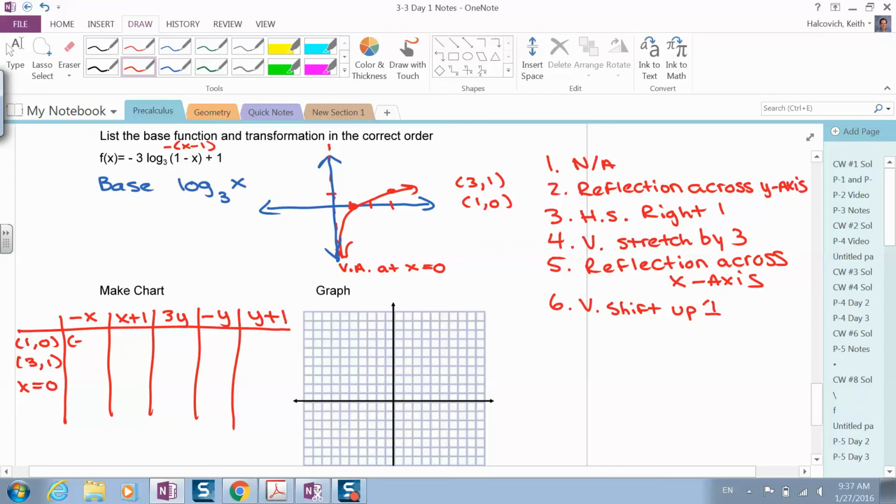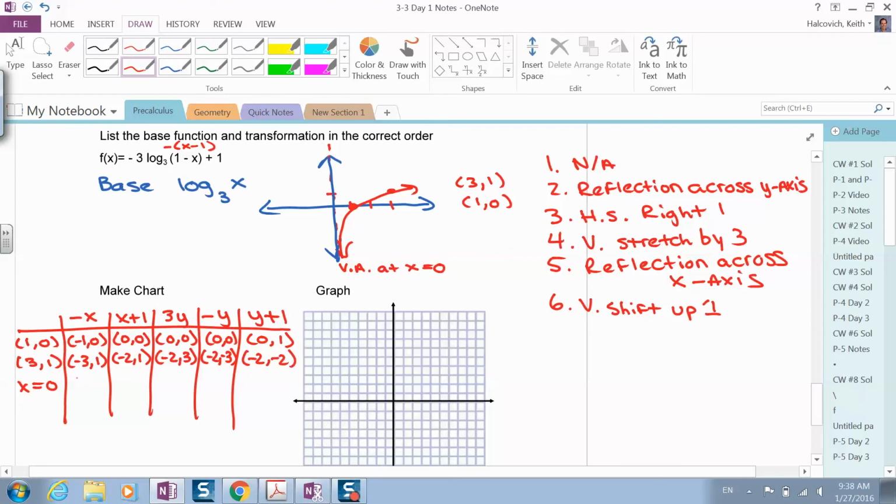So it's going to go negative 1, 0, and so on. Here it's going to be negative 3, 1. Then it's going to be negative 2, 1. Then negative 2, 3. Negative 2, negative 3. And negative 2, negative 2.